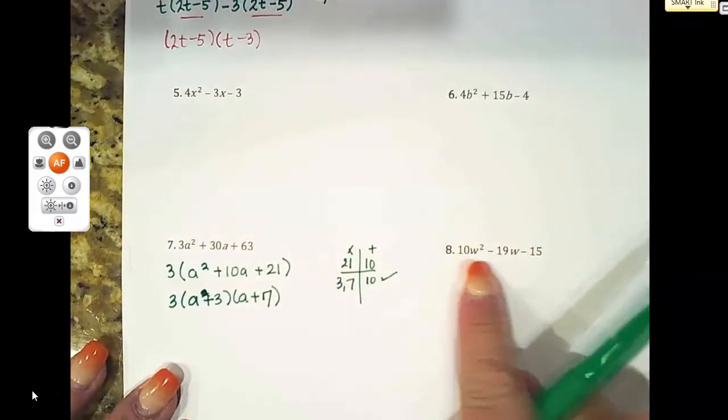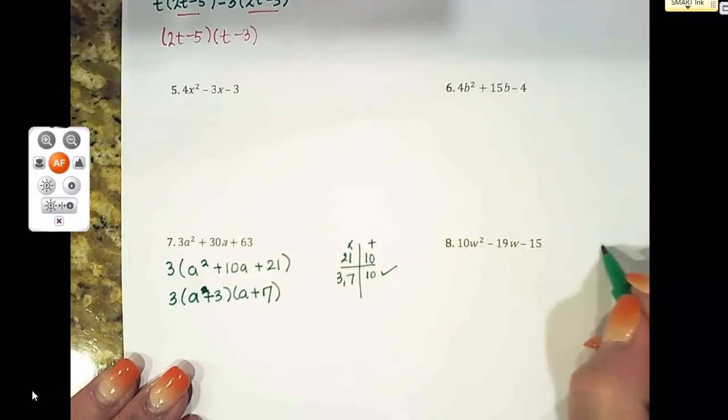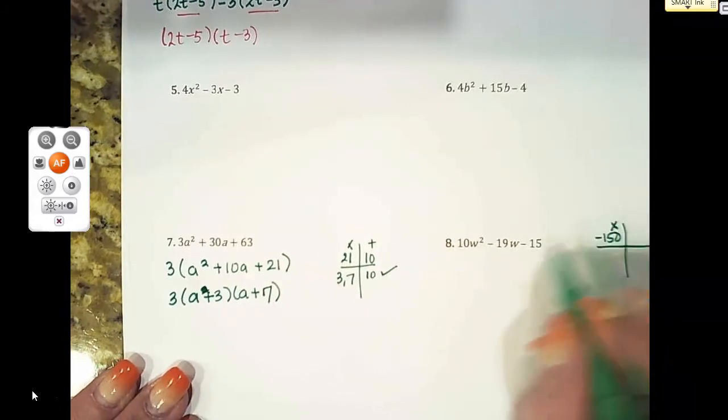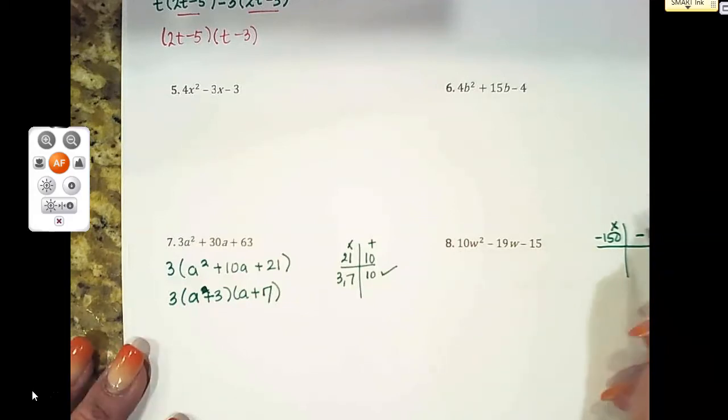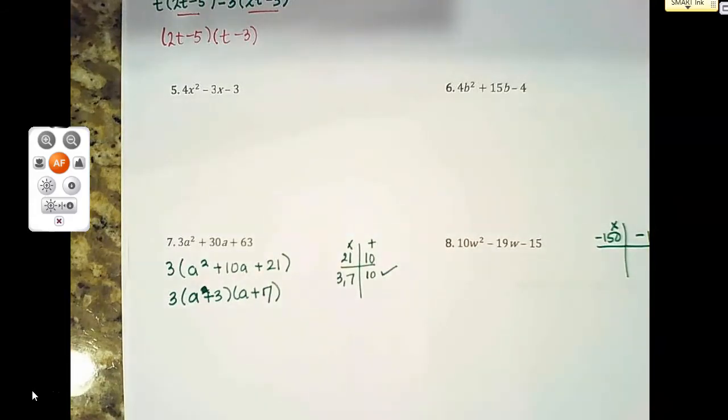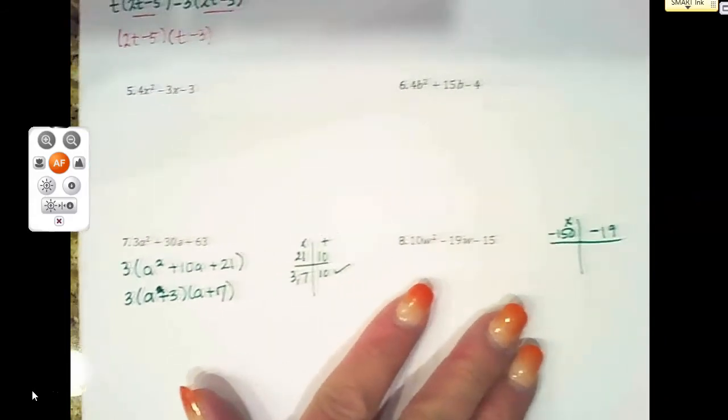Sometimes, like in number 8, if I do 10 times -15, I get -150. And there's nothing that goes into all 3. So I need some things that multiply to be -150 that add to be -19. So I'm going to need one positive and one negative. I start looking for what goes into -150.